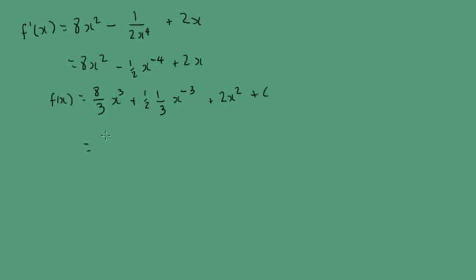And so we'll just tidy this up. 8 over 3x cubed plus, it's going to be a sixth, and we'll bring this down, x cubed plus, I've got to bring the 2 down here, so that's just going to be x squared plus c.